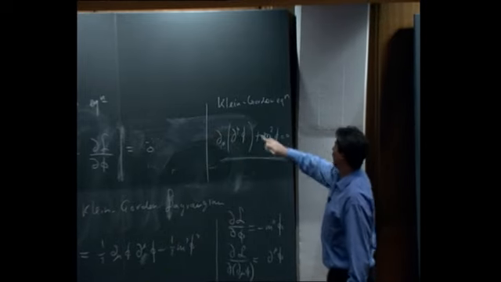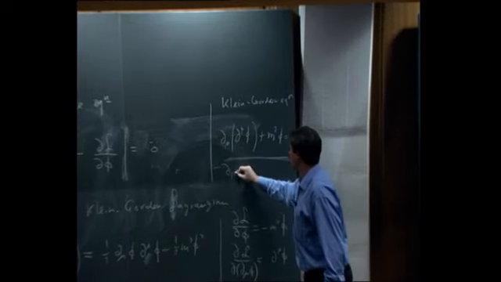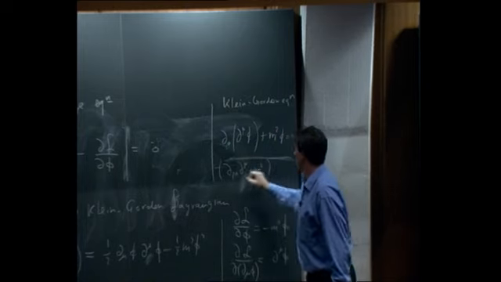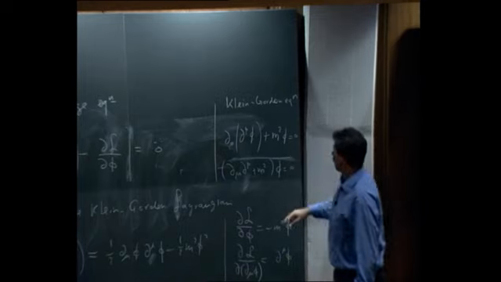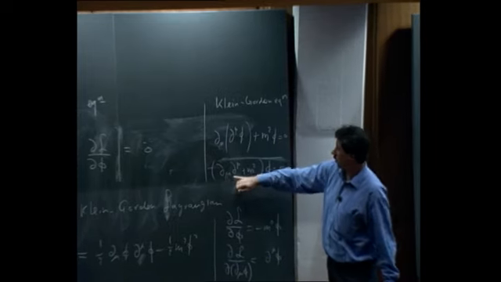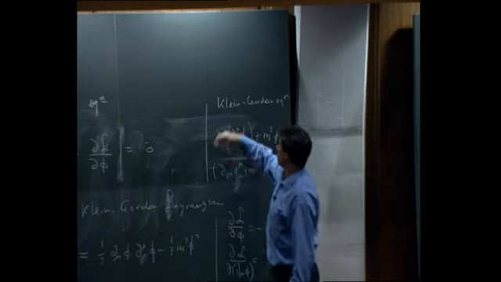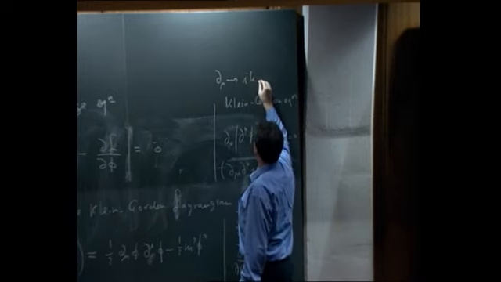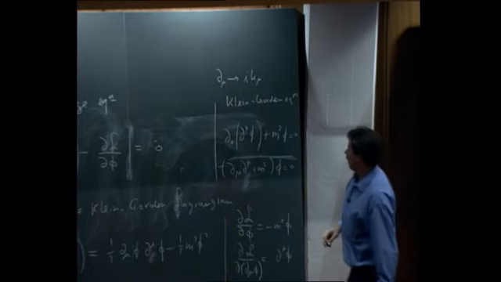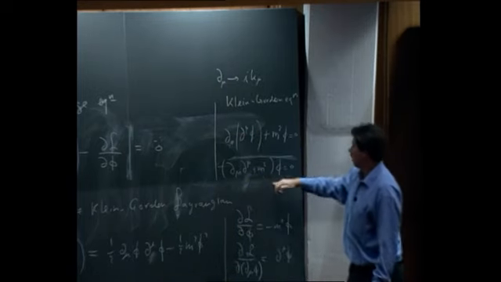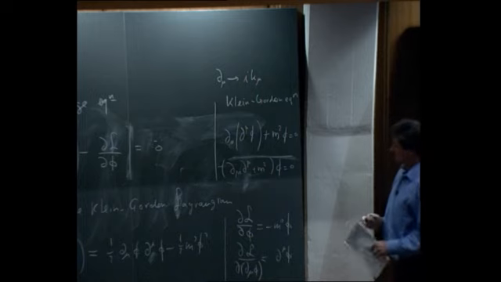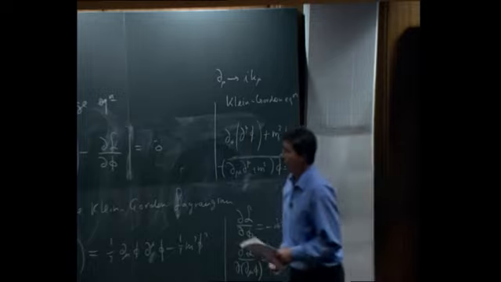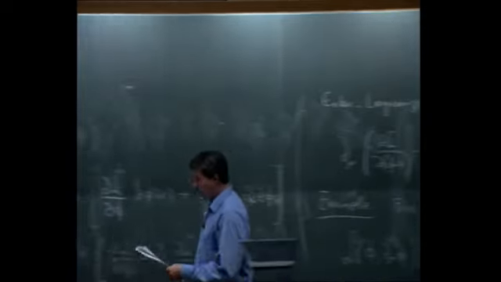So the Klein-Gordon equation involves d mu squared plus m squared on phi equals 0, but if I go from coordinate space to momentum space, what you have to do is insert d mu going to i k mu, and then you find that this operator in momentum space is nothing but precisely this combination.